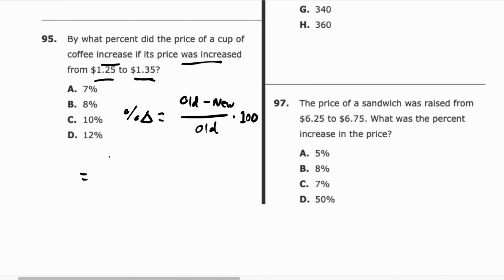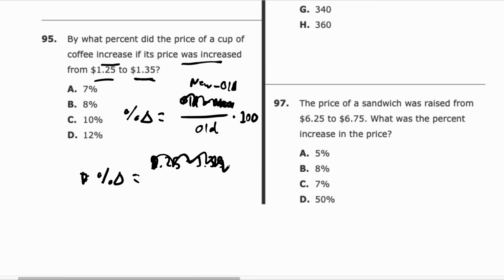So now we're going to calculate the percent change. So the percent change is equal to, so our old value was $1.25. The new value is, it might be new minus old for percent increase.